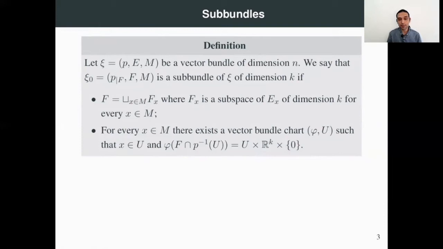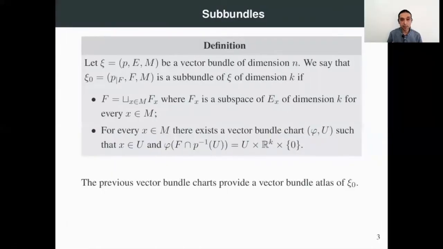What this is saying is that we are going to have a vector bundle chart over U such that every subspace Fx is actually sent by this vector bundle chart to the subspace R^k times 0 of R^n. So in these local coordinates for our vector bundle, the subspace F is given by the annulation of the last n minus k coordinates.